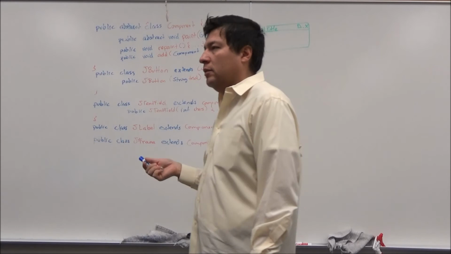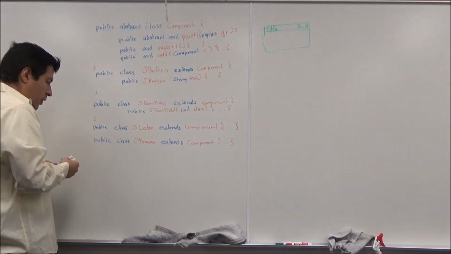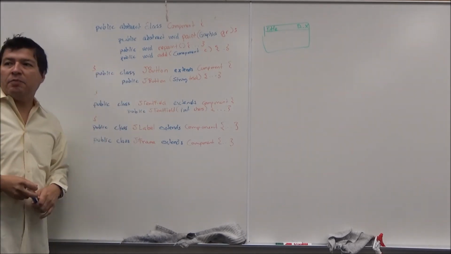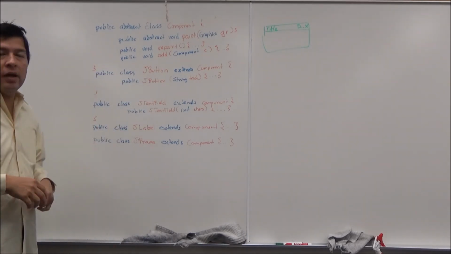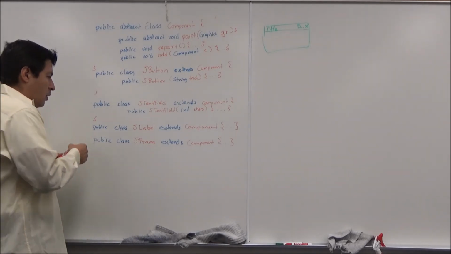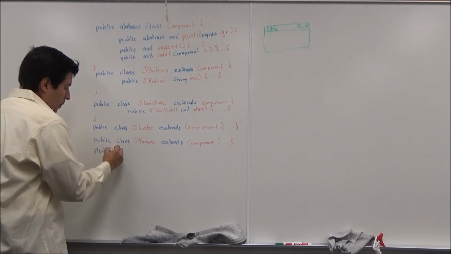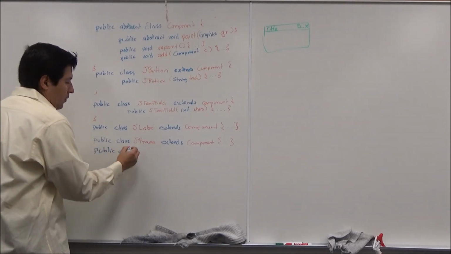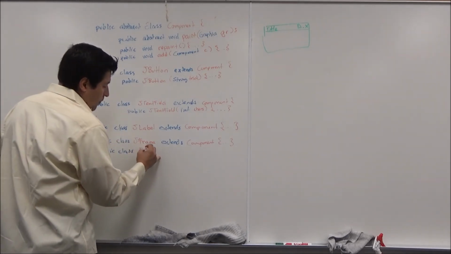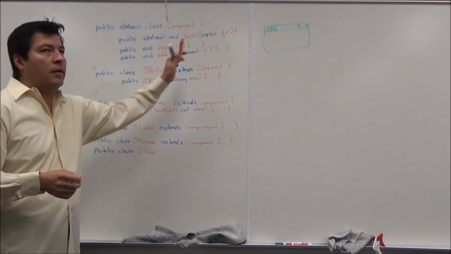That's called a panel. So what we usually do is we create a panel where we add our buttons and text boxes or text fields in this case, labels, all these other components, and we group them in this class called panel. And then we just add panels to the window.